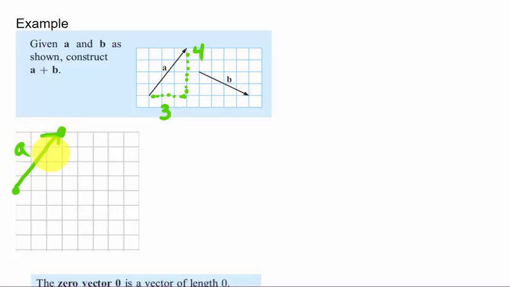So here's my A. And when I'm going to add B to it, I'm going to take B, and I can see that this has 4 units that's horizontal and -2 that's vertical. So from my tip, I'm going to do 4 units, and then 2 down.